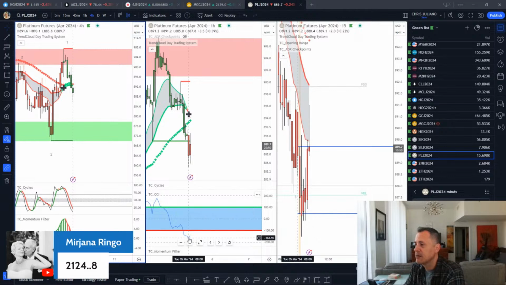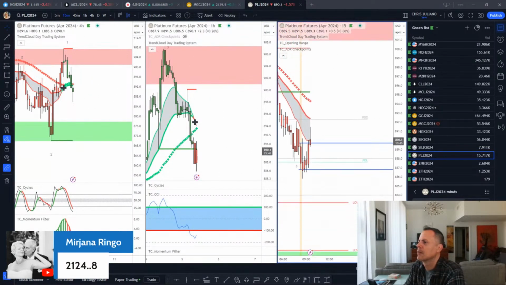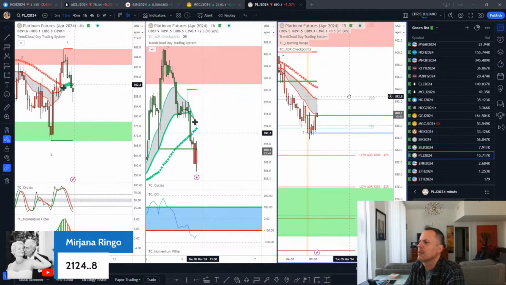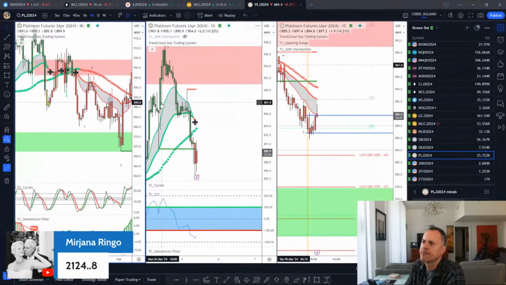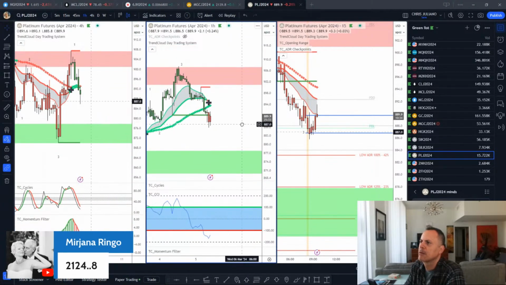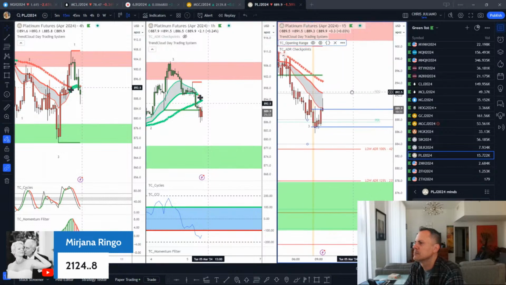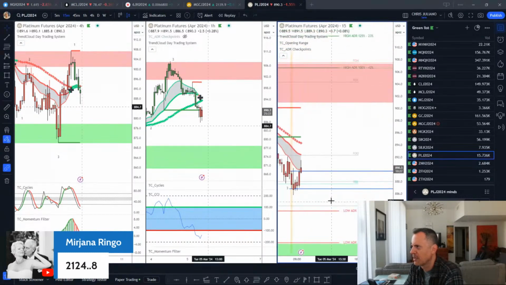Momentum is down here. And oh, how strange, we're breaking out to the upside with all this downward movement. ADR checkpoint all the way up here.